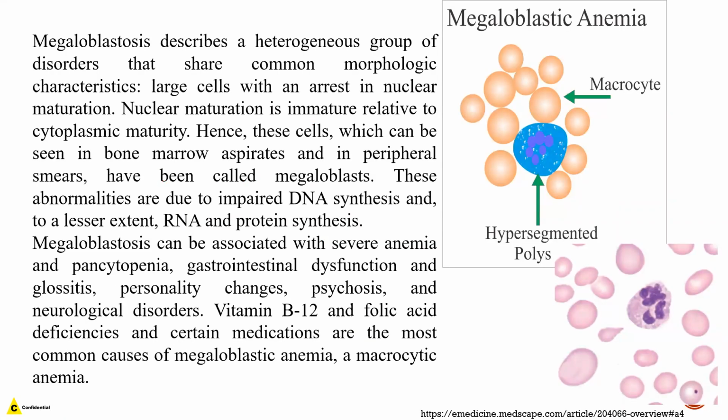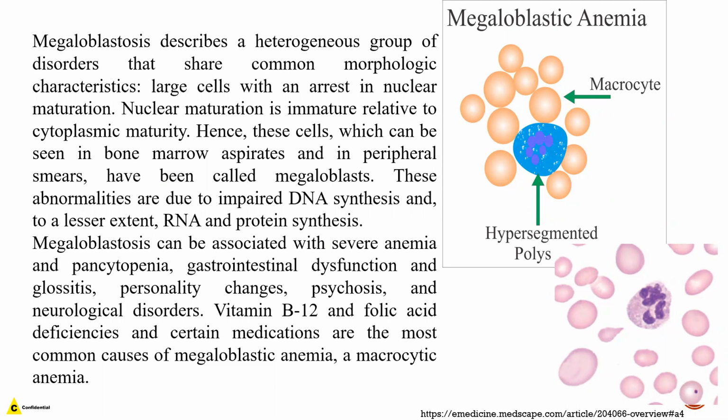Megaloblastosis describes a heterogeneous group of disorders that share common morphological characteristics: large cells with an arrest in nuclear maturation. Nuclear maturation is delayed relative to cytoplasmic maturity, hence the cells which can be seen in bone marrow aspirates and in peripheral smears have been called megaloblasts.